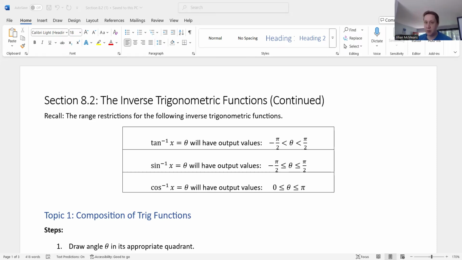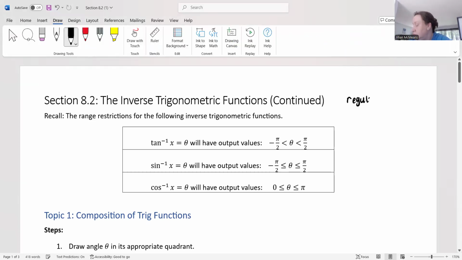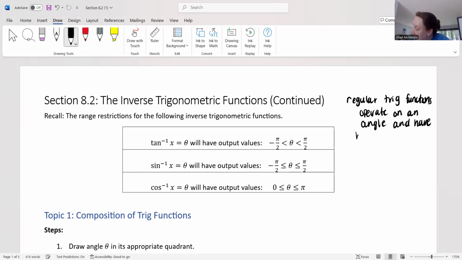And the big bulleted items that we need to remember is that regular trig functions operate on an angle and have output values that are essentially ratios of sides of triangles.